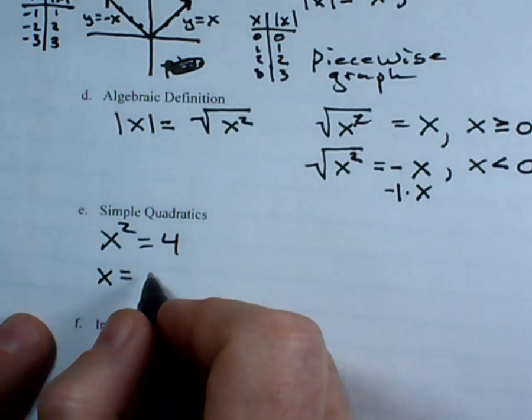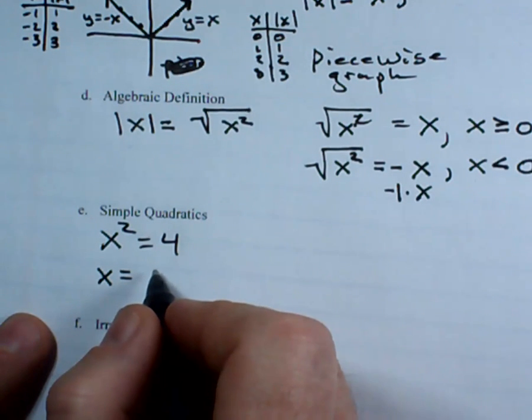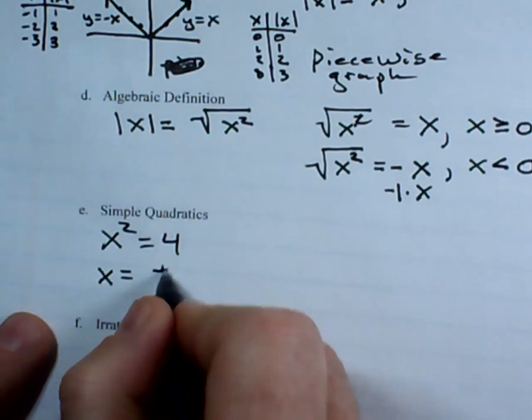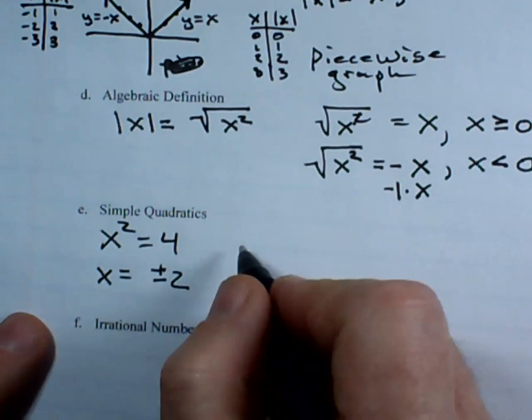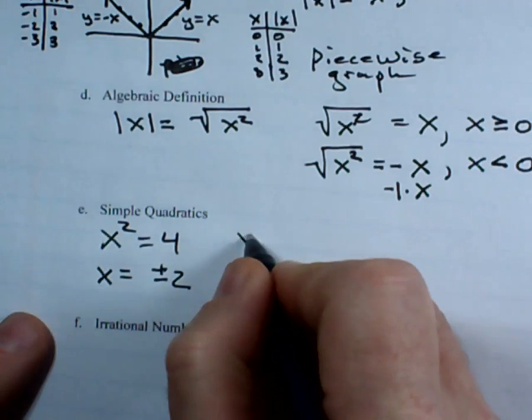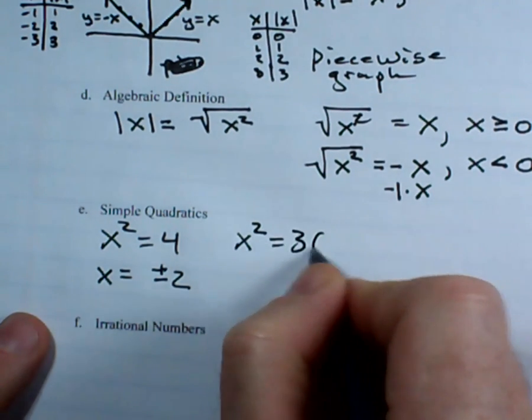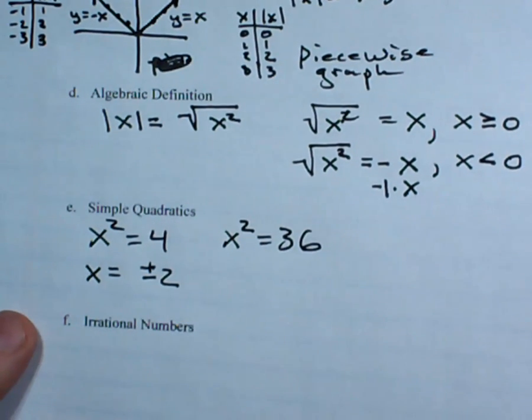Now, you know how mathematicians write 2 and a negative 2? Because we're lazy people. Plus, minus 2. That way we only have to write 2 once. Okay? That means 2 and a negative 2. So, what's the answer to that, baby? What?